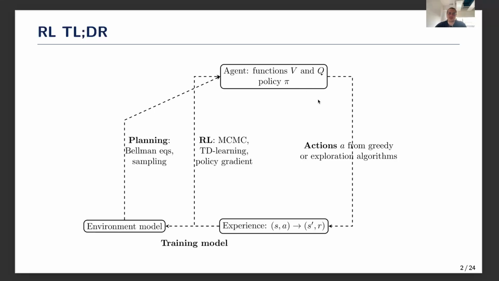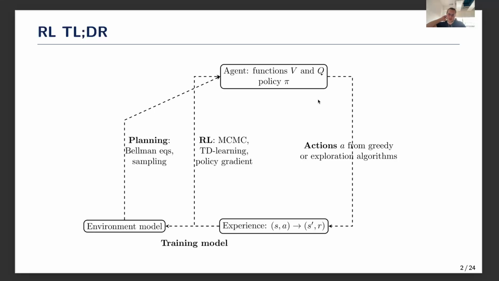It's some strategy that defines the probability of choosing action A in some state S. So the ultimate goal of the agent is to find some policy pi that maximizes expected cumulative reward over time.